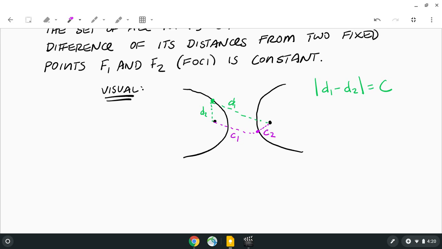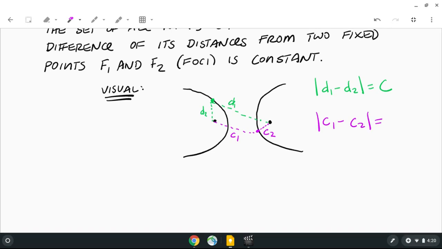If I look at the difference of those distances, C1 minus C2, I get some number and it turns out it's going to be the same number, C. So if it's 7, then it's going to be 7 here as well. All of those points that have, let's pretend it's 7, a difference in those distances that's 7, are all going to land on these two parabolas, this hyperbola.